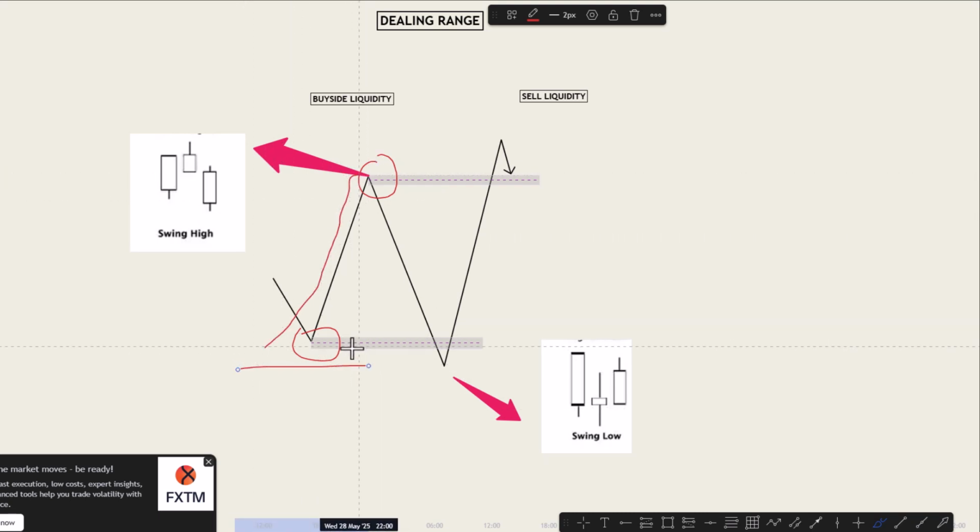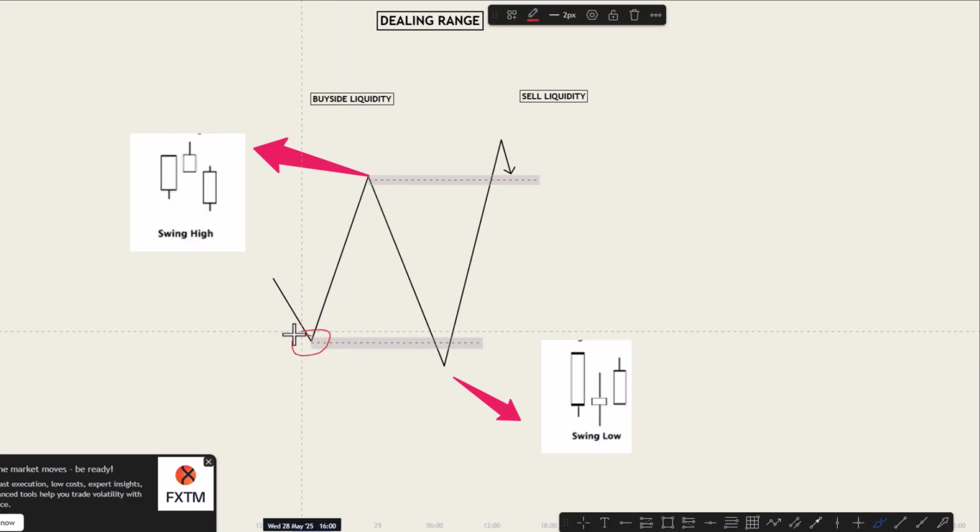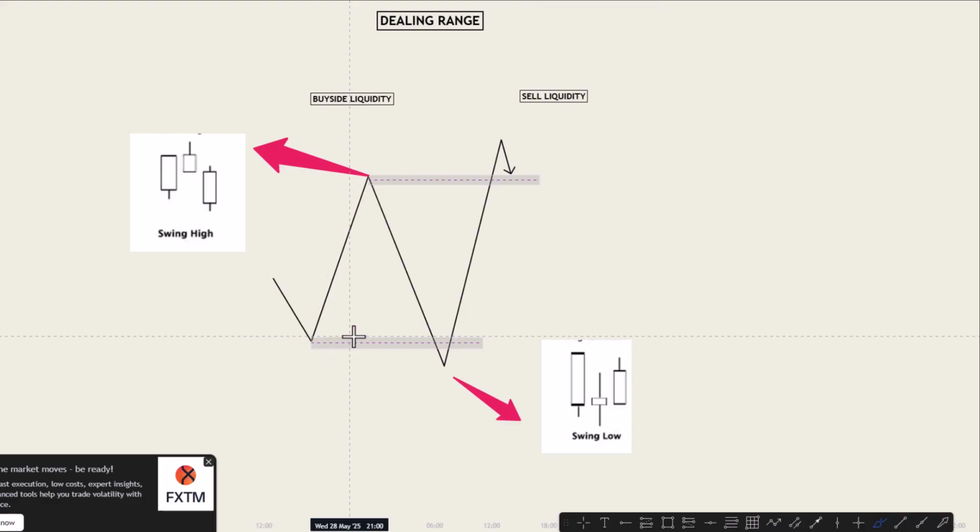We also have some traders that are waiting for price to break this level, have a retest, and then they will continue selling. We can see that there is a pool of what? Liquidity at this level, because there are traders that are buying and there are traders that are waiting to sell. So we see that there's a sell order at this level and there is stop loss at this level. There we have a pool of liquidity. This becomes the sell side liquidity.